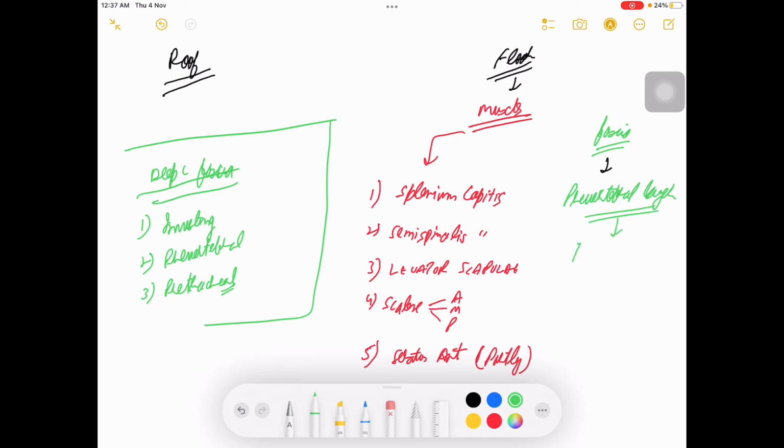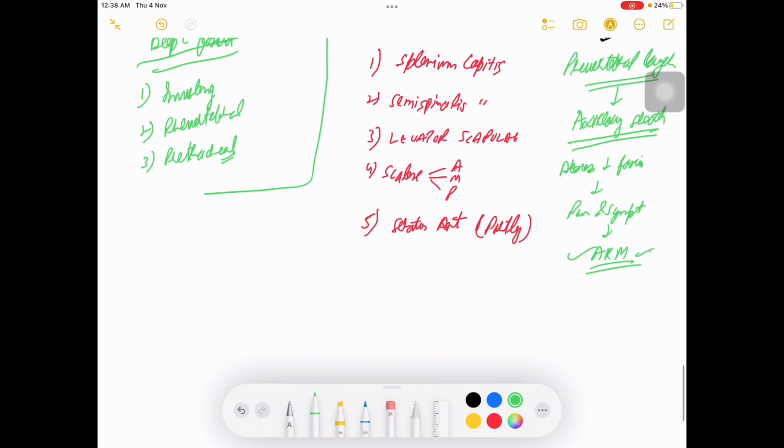So this forms an axillary sheath that extends up till your arm. So if there is some abscess under this fascia, the pain and symptoms can occur even in the arm.